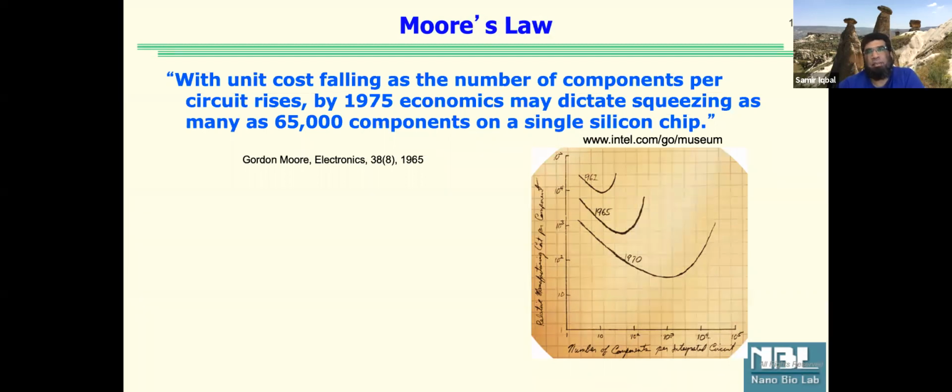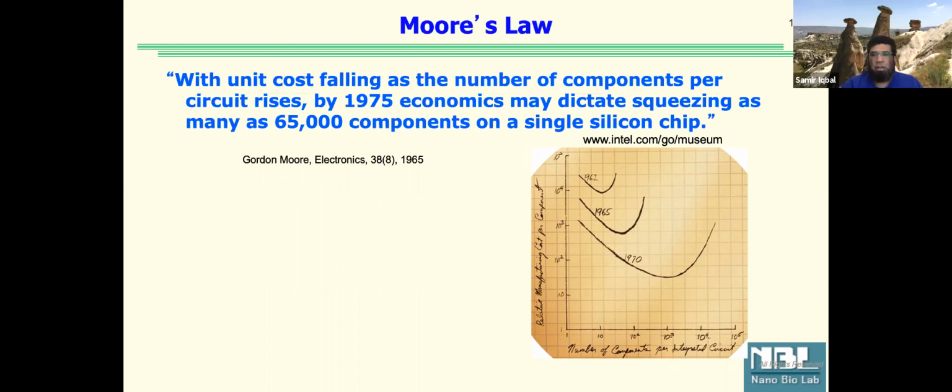It was in 65, and he said in 10 years we will squeeze more components onto a single silicon chip. He made a handmade table. But what happened was this became a goal. This became what we call today Moore's law.